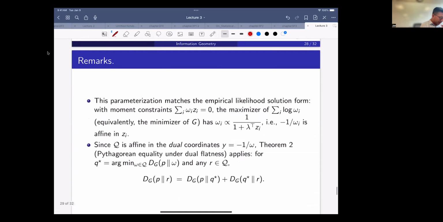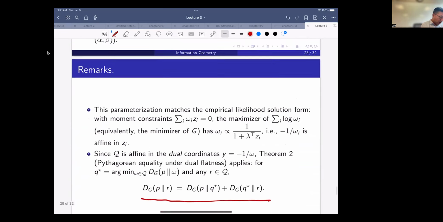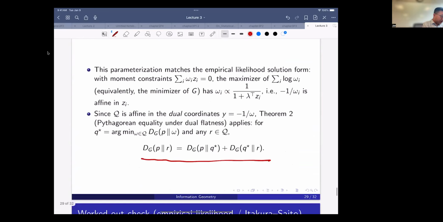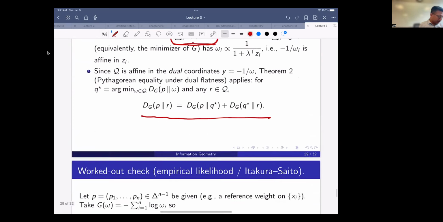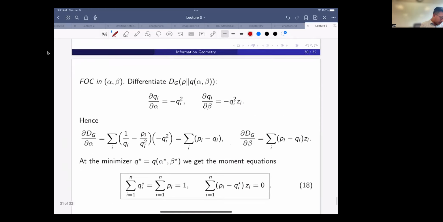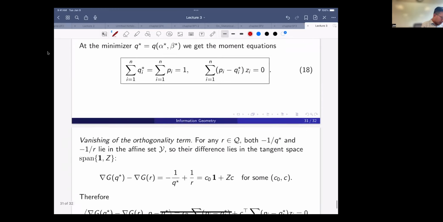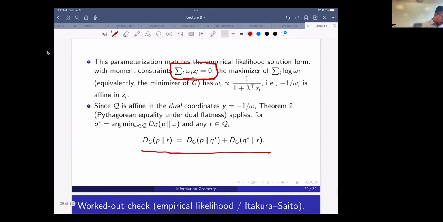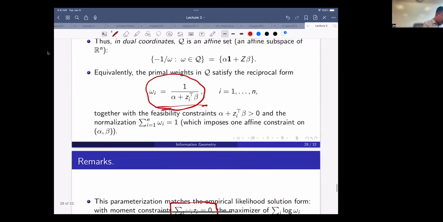And then you can actually check that the Pythagorean theorem holds under the moment constraint. So now you impose a moment constraint with respect to C, and then you can actually check that. So I think this is the bottom line.